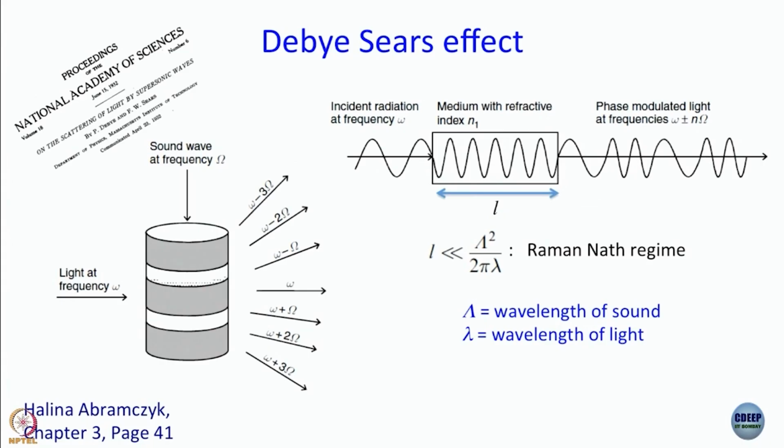Okay. Now, when you want to do mode locking, you have to work in what is called the Raman-Nath regime. Raman is the well known C.V. Raman, Nath was one of his students. Raman-Nath regime means L should be much less than capital Lambda squared divided by 2 pi lambda, where capital Lambda is the wavelength of sound, small lambda is the wavelength of light, and L is the thickness of the mode locking medium that you want to use.